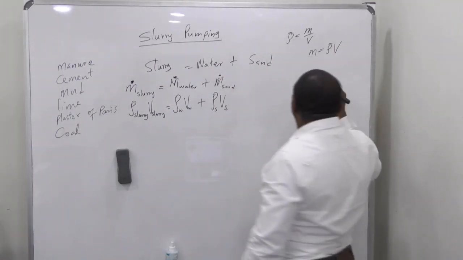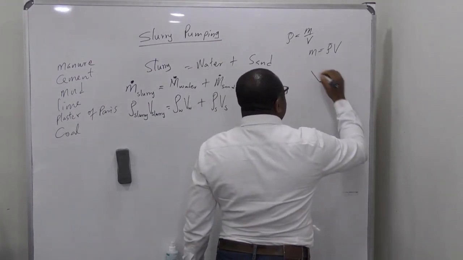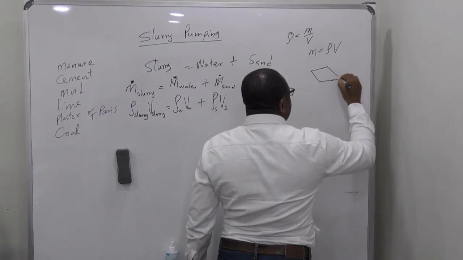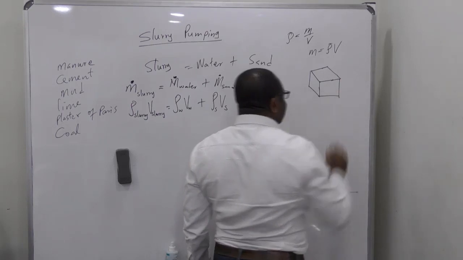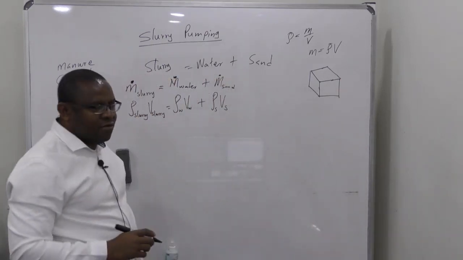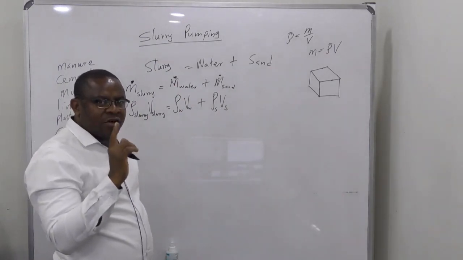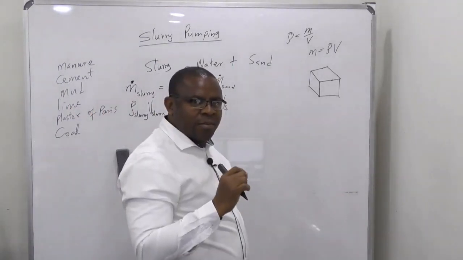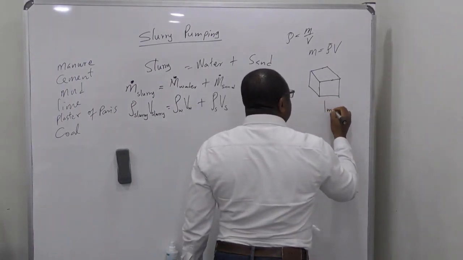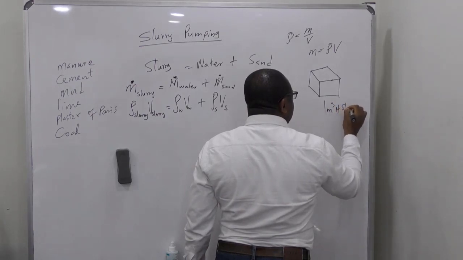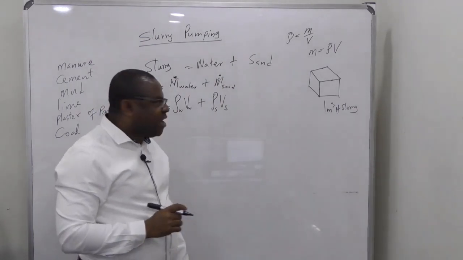Number two is, if you want to know the amount of water that you are going to use to move a certain sand from point A to point B, the very first thing is you must work out the whole of this with respect to 1 meter cubed of slurry. So you work out 1 meter cubed of slurry.